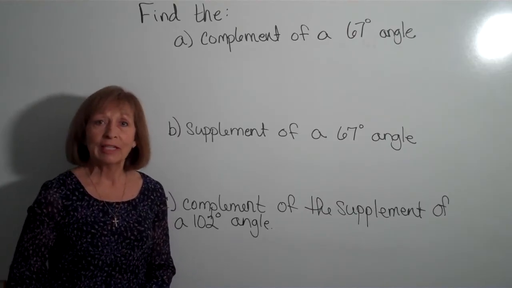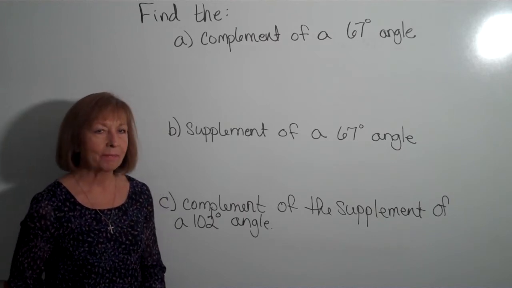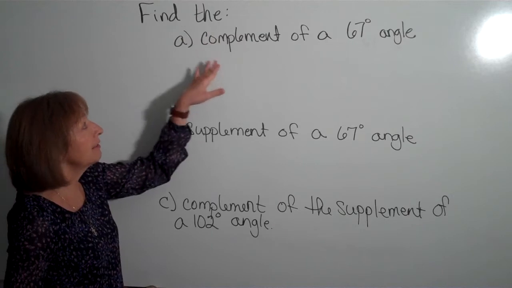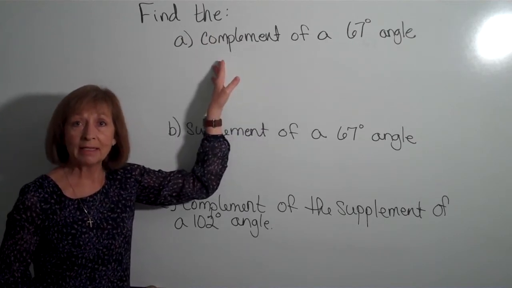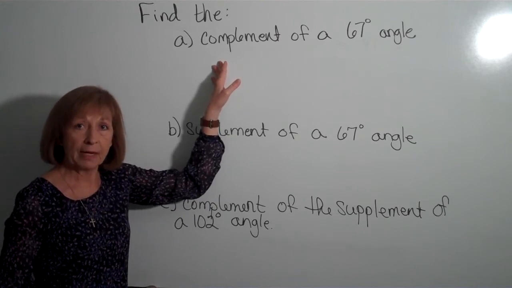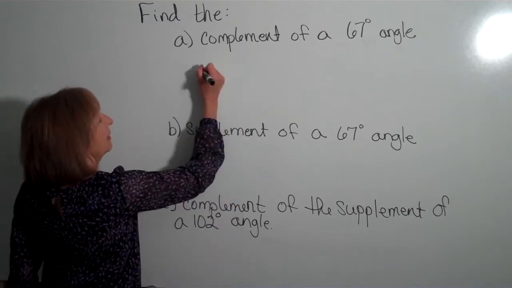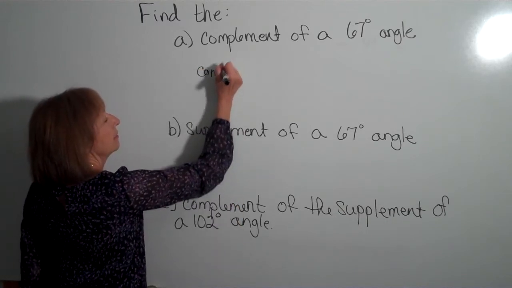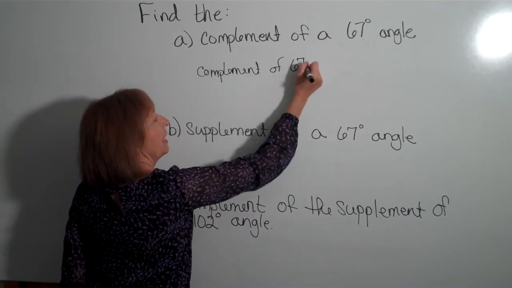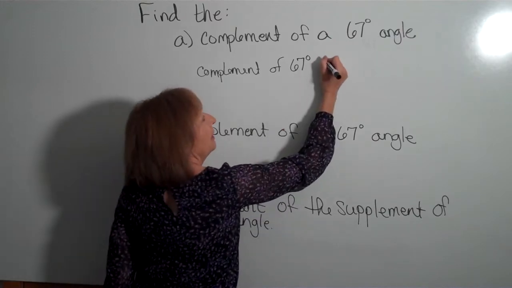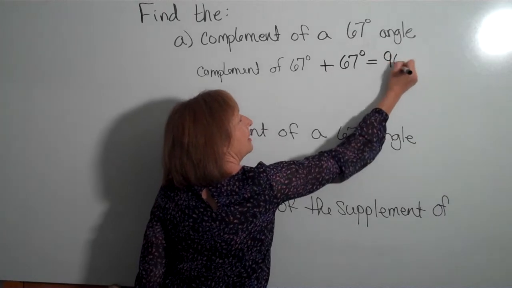First, let's look at each of these three examples to practice the idea of the complement and the supplement. The first one: find the complement of a 67-degree angle. Remember, with complement, the sum of the two angles adds up to 90 degrees. So the complement of the 67-degree angle, the thing I'm looking for, plus that 67 degrees, is going to add to 90 degrees.